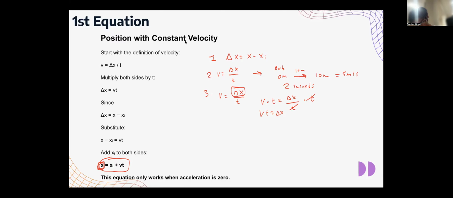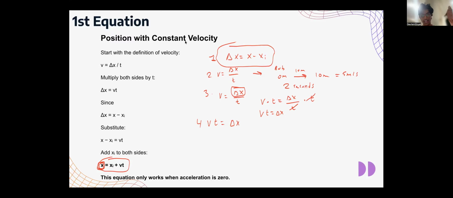So now, once we have this v times t equals delta x, this is where we think ahead, right? We are creating kinematic equations. This is where we first defined delta x as x minus x sub i, the initial x, right? This is where we were like, let's just define our variables.